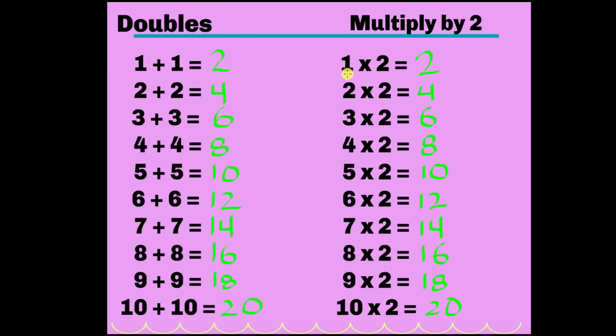So you would memorize what 1 times 2 is, what 2 times 2 is, and then that becomes a multiplication fact. That's normally what you will do when you're multiplying by 2s, 5s, 4s, 3s. All of that you will have to know by memory.